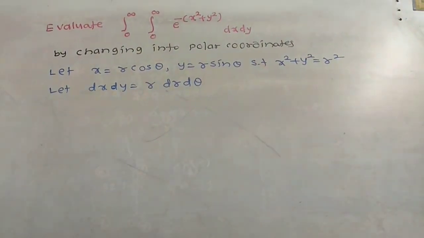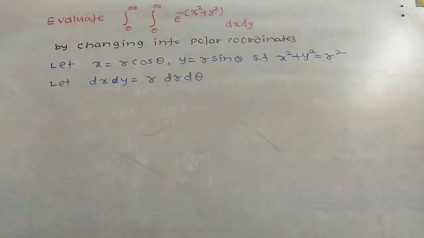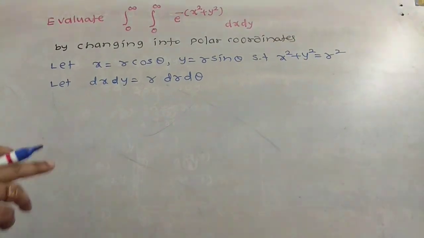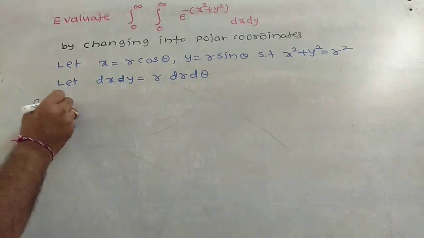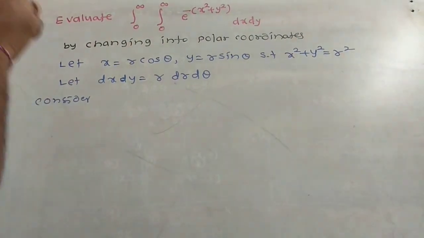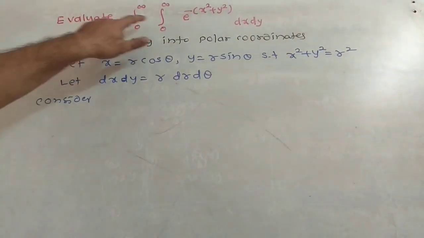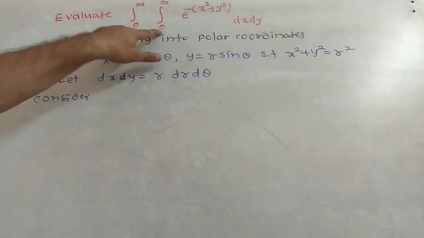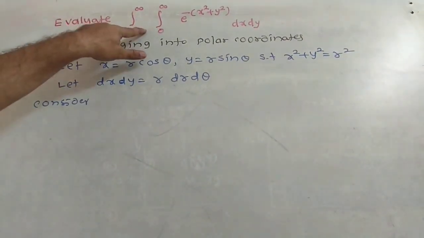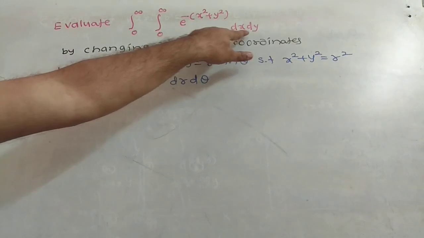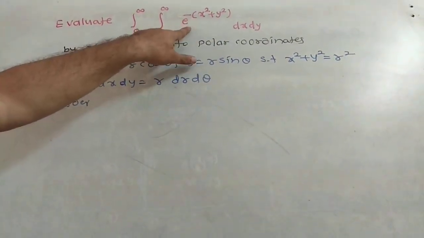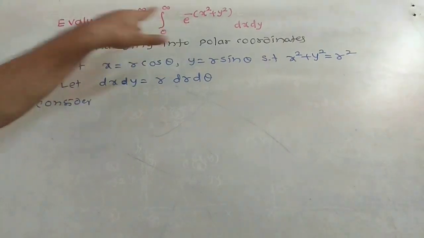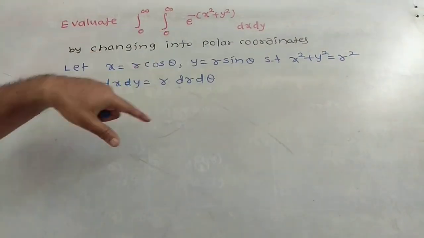Now the third task is to identify the limits of the new variables r and theta. But before that, think about the given variables. What have they given? A double integration with constant limits, so there are no variables in those limits. Since the function f of x comma y is also equal to f of y comma x, the order of integration has no importance.